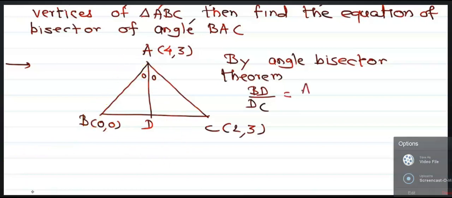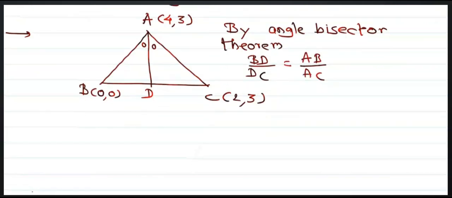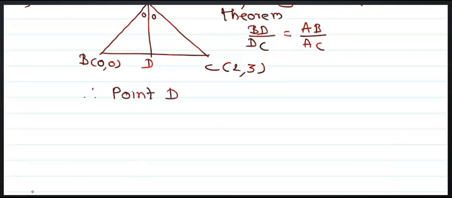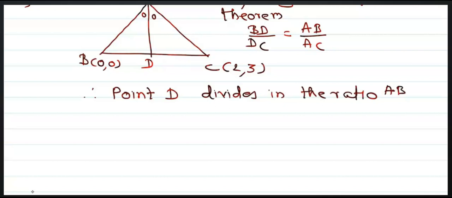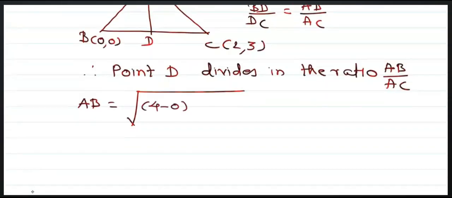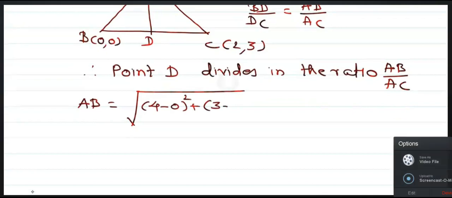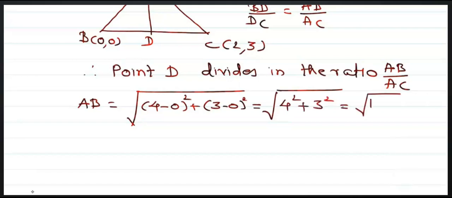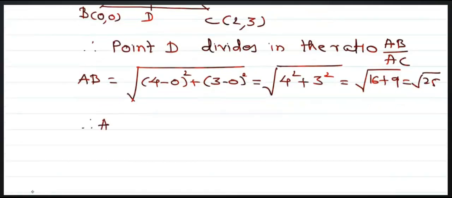We'll find the values of AB and AC by using the distance formula that you have learned in the 10th standard. That is, the point D divides in the ratio AB upon AC. AB is equal to the root of (4 minus 0) square plus (3 minus 0) square. That is 4 square plus 3 square, that is 16 plus 9, root of 25.